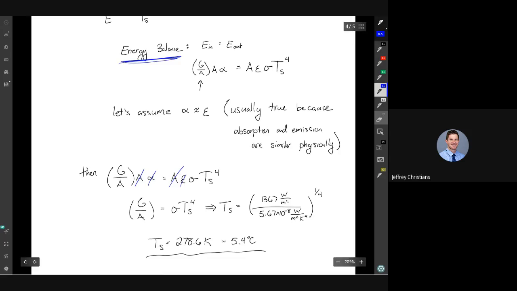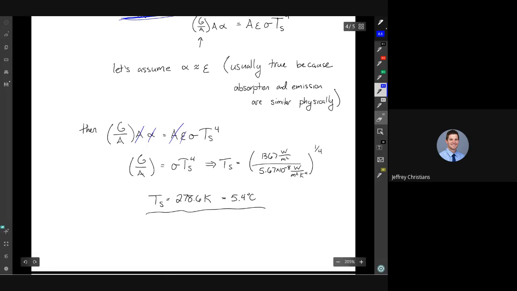And this is true for a lot of heat transfer problems. If you think of it like an energy balance, how much energy is coming in, how much energy is leaving, I think that will give you the best success rather than, here's the equation I found in my book, let me just plug in my numbers, because sometimes those can lead you astray. So how much is coming in, how much is leaving? And I'll show some of the equations that our book gives in a second.